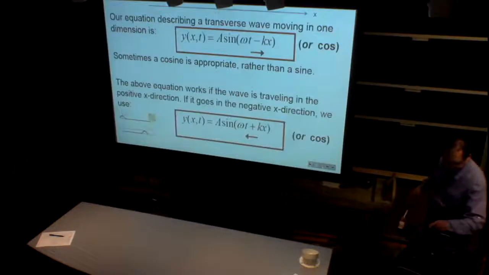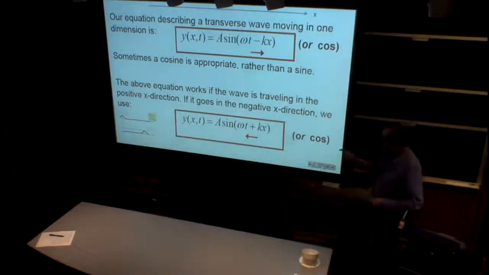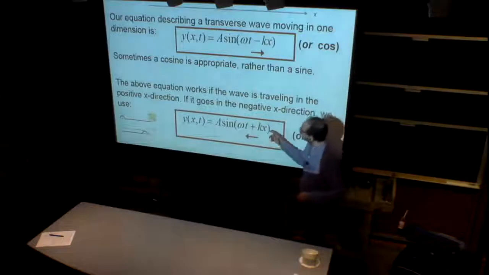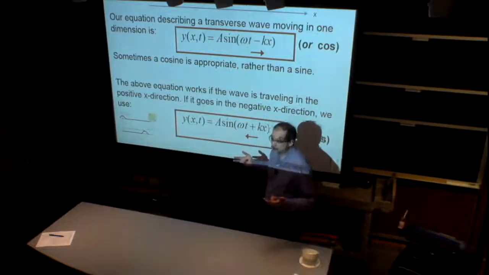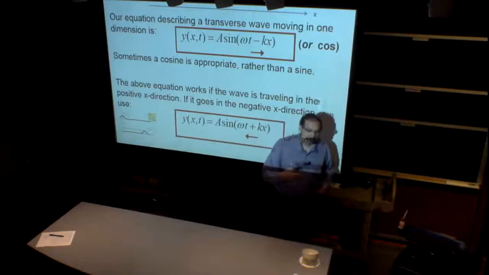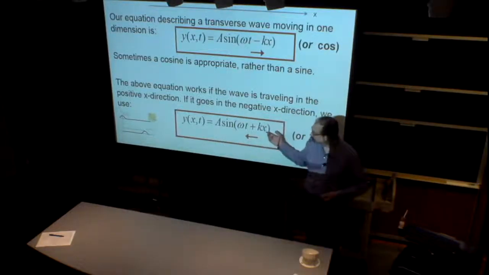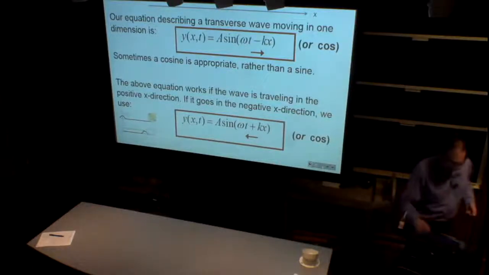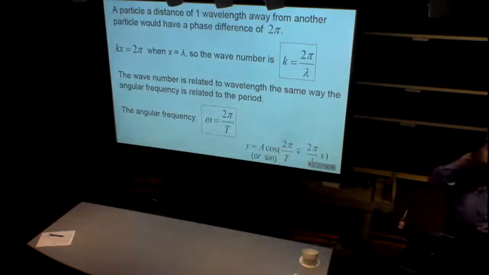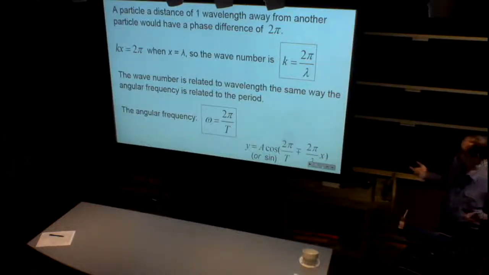We would have to change a minus to a plus. That's it. So the same equations can describe two different waves. One travels in a positive x direction, another travels in a negative x direction. And again, the relationships which we can use to connect different variables.